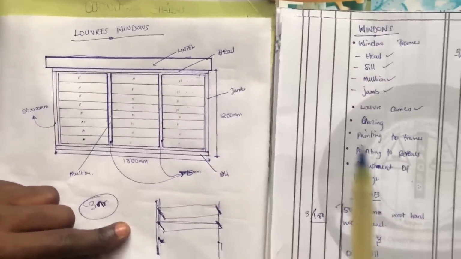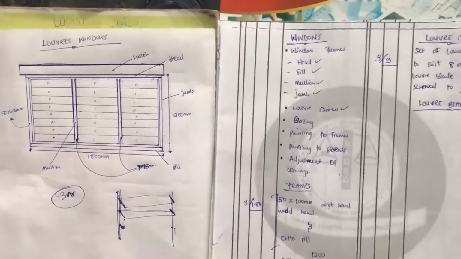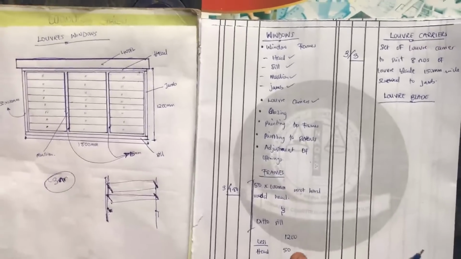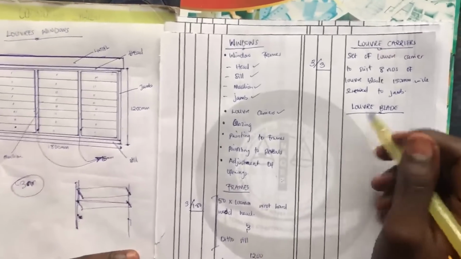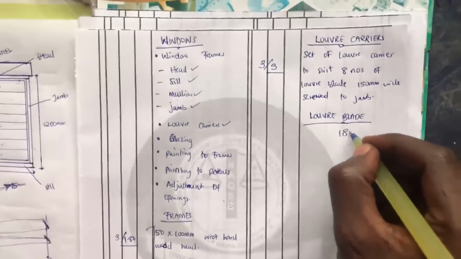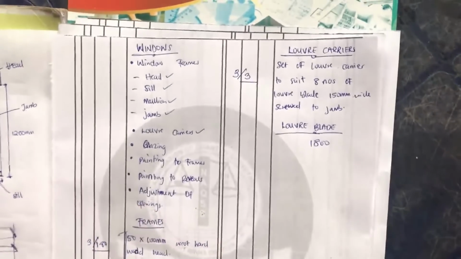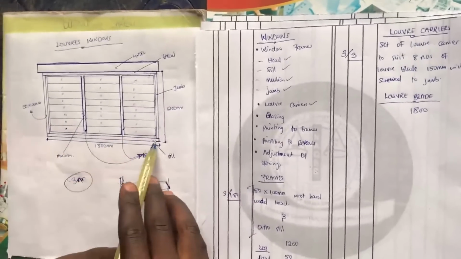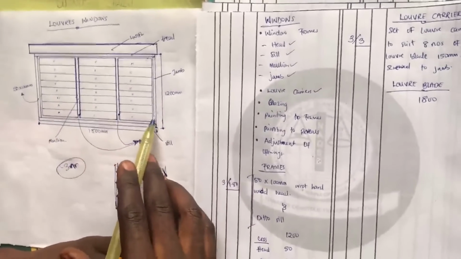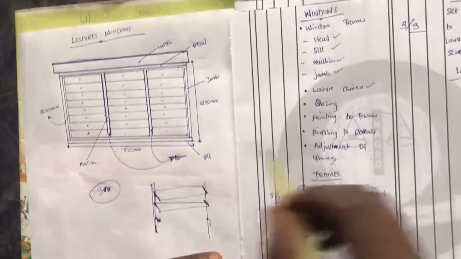So let us look at this as carefully as possible so that we would get a perfect understanding of what we are about to do. So let's start with 1800. That is the overall length. Remember, I want to get the length of one glass. So 1800, let us deduct the jambs and the mullions.